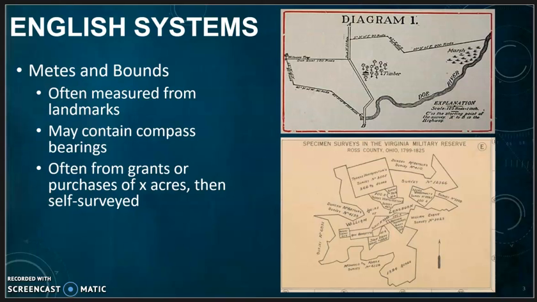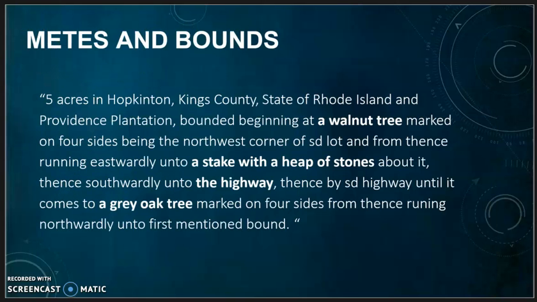And when we get into the example I'm going to show you, you'll see that it could really lead to a lot of error because certain landmarks might change, especially when they're using trees and boulders and stuff like that.